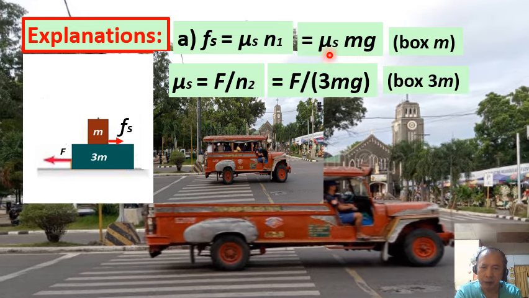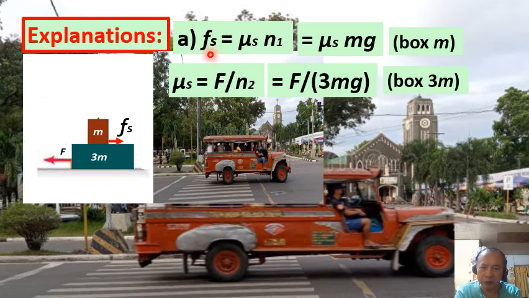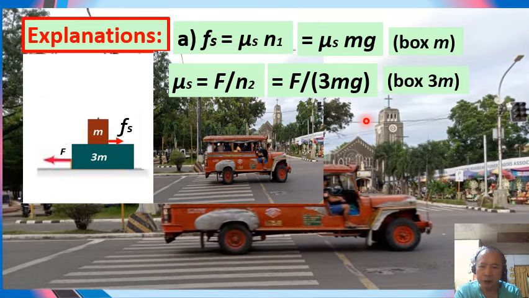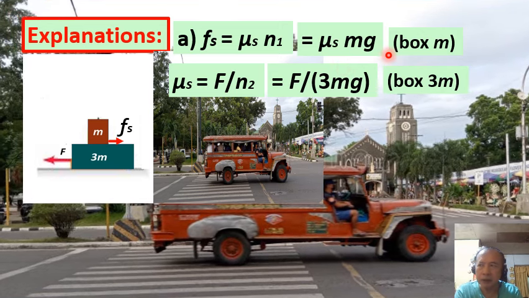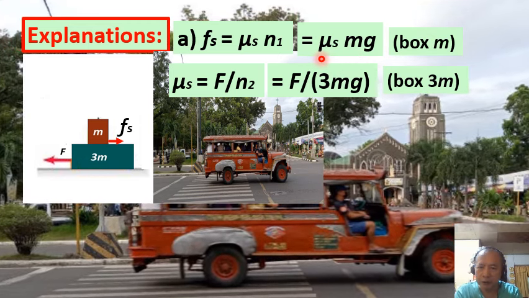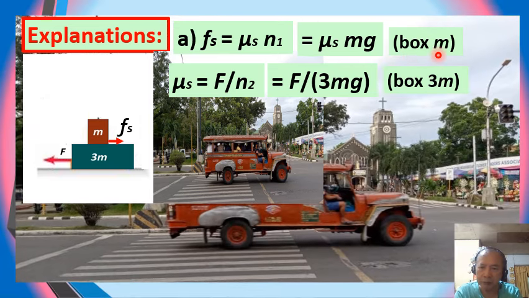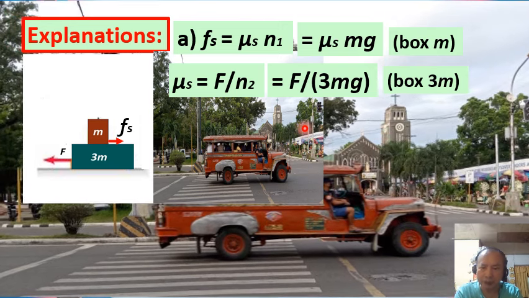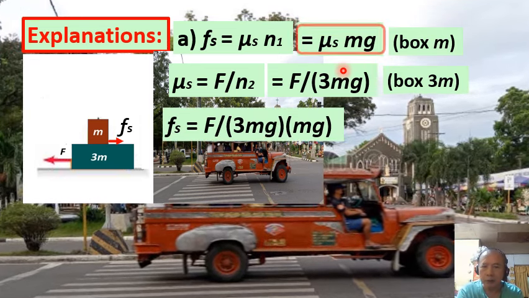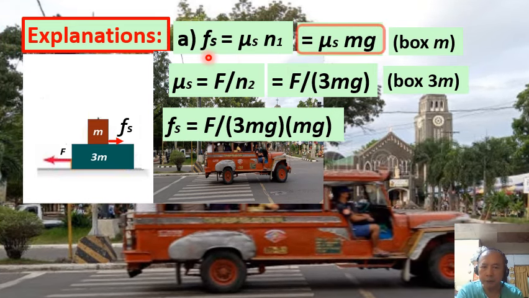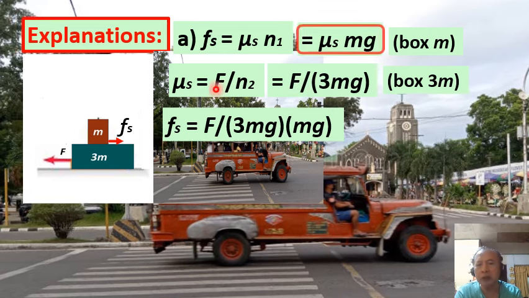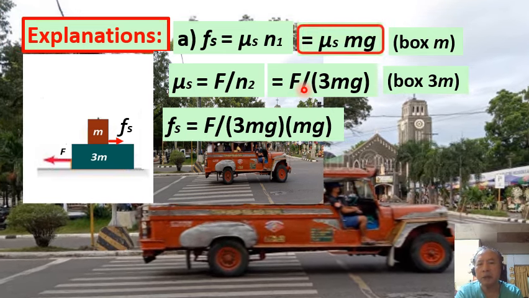While we have the standard definition of that static friction equal to mu sub S times mg, notice in the options given for question letter A, we want an answer that is expressed in terms of the applied force, capital F. So the static friction exerted on box M, the smaller box, should be in terms of the force F. Using the formula for the static friction exerted on box M, which is mu sub S times mg, we can use the equivalent definition of mu sub S equal to F divided by 3mg.